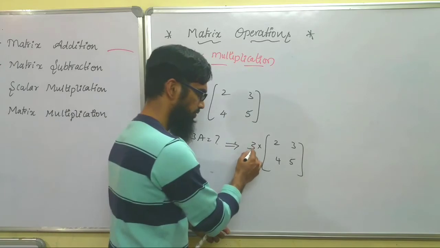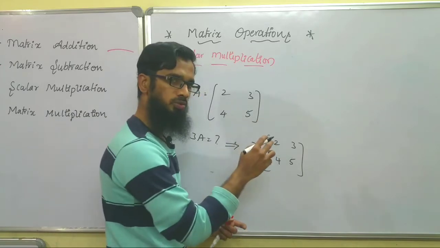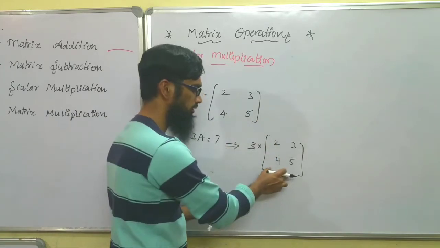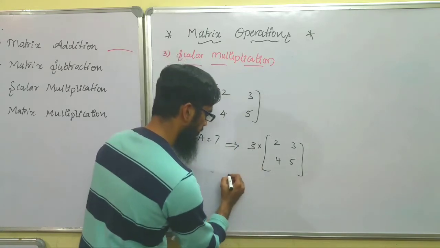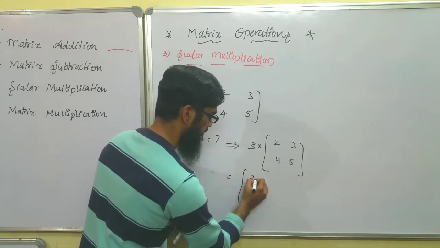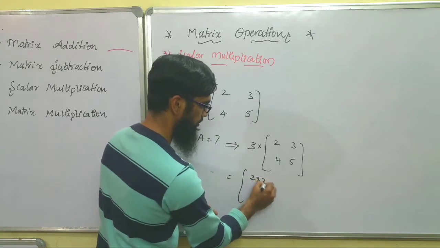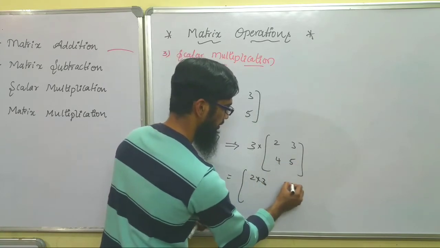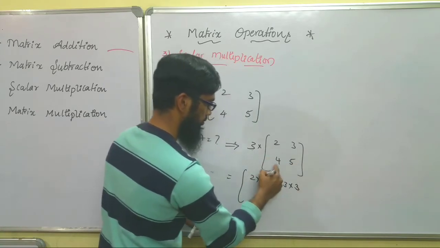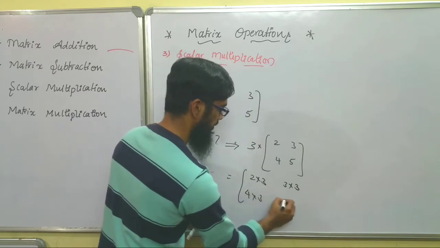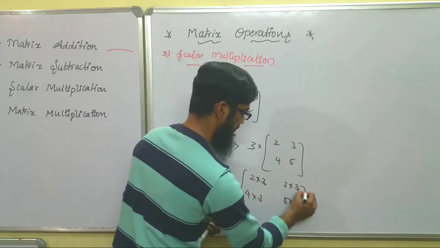It means each element of the matrix is multiplied with 3. So this is 2 into 3, 3 into 3, 4 into 3, and 5 into 3.